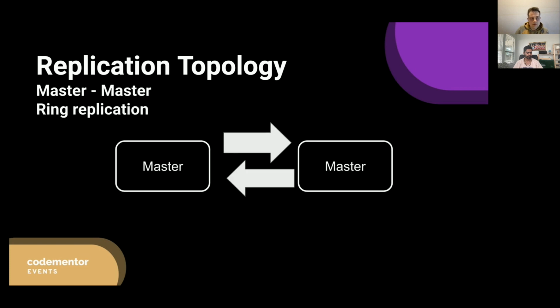And the last one is master-master replication. Sometimes it's called ring replication. It's when you have two hosts, both of them available for write, and both of them configured to replicate from each other.